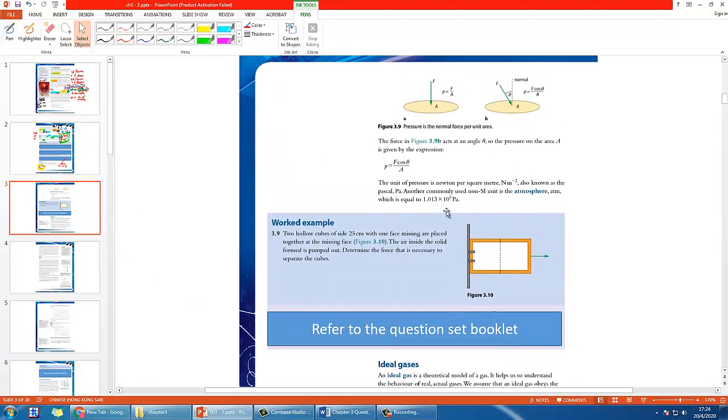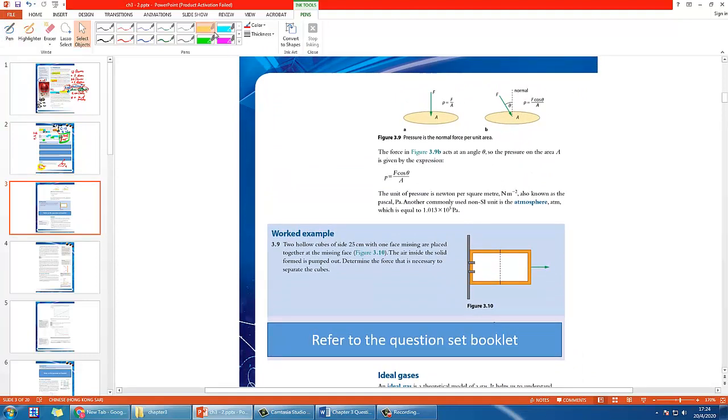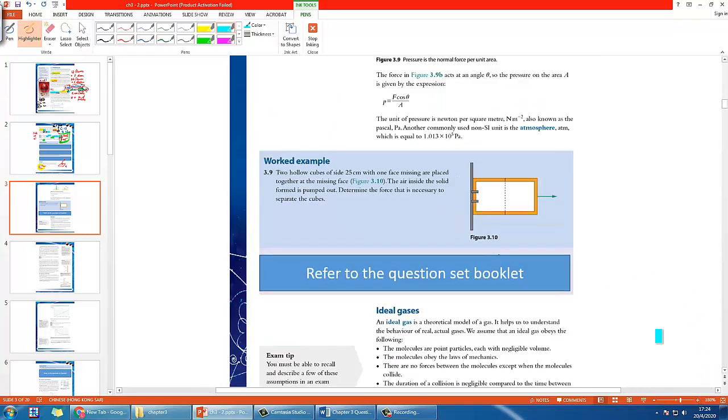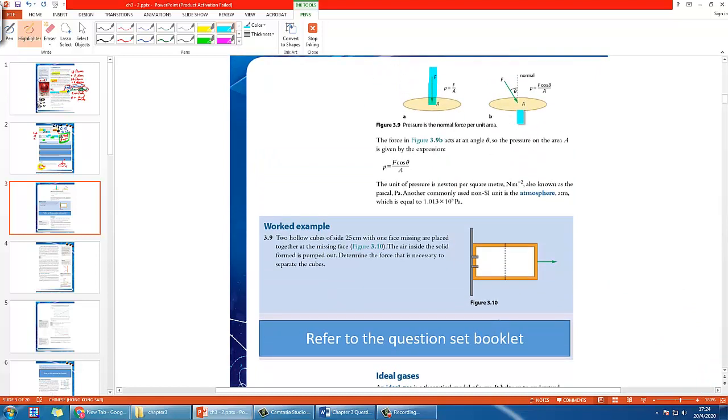But then they also introduced in IB that the force may not be in the perpendicular direction to the surface. So you may have it at a certain angle, similar to what you may learn in other chapters.